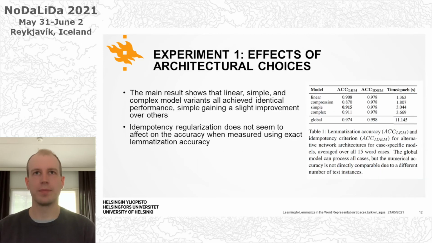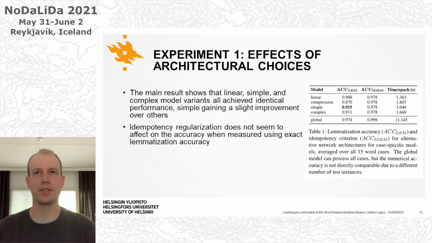So for the first experiment, on the architectural choices, we found out that almost all of the neural models work equally well, except for a slight performance drop with the compression network, which shows that there is no, at least easy to find, subspace that would contain these lemma words.